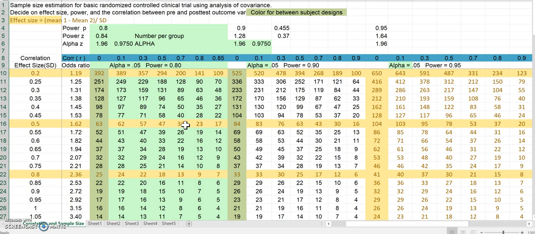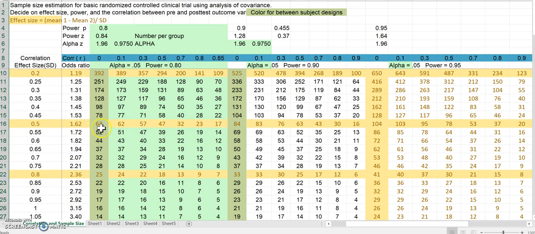If we were testing a drug that reduced IOP, we might want to find at least a 0.5 standard deviation difference. So that would be 3 points. Half a standard deviation is 3 points, since the standard deviation is 6.